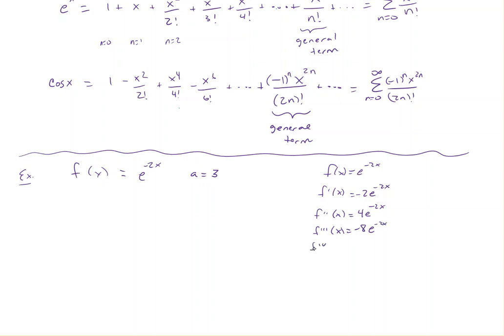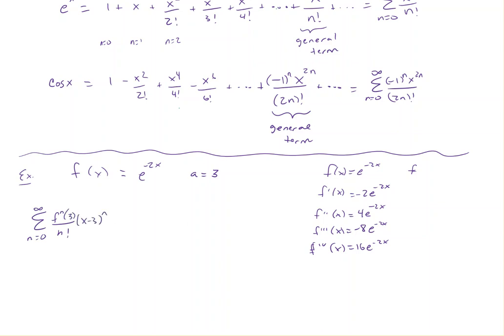We'll figure things out on this one together. Okay. So now we have to figure this out at 3, right? Because now where we are centered is 3. When we write this out, we start thinking about this. This Taylor series is now the nth derivative at 3.